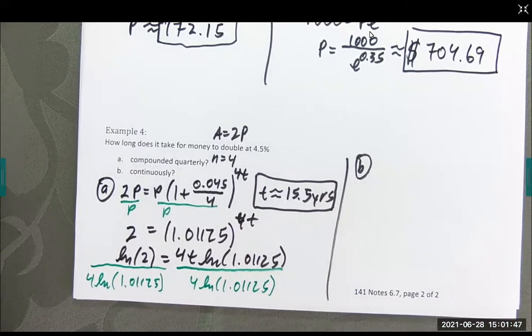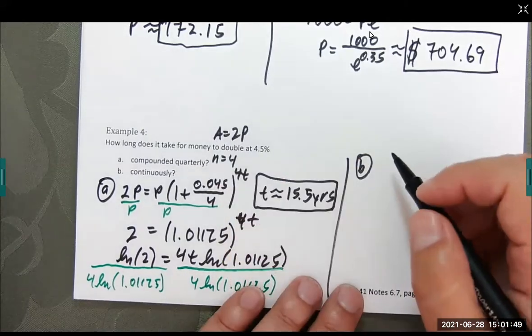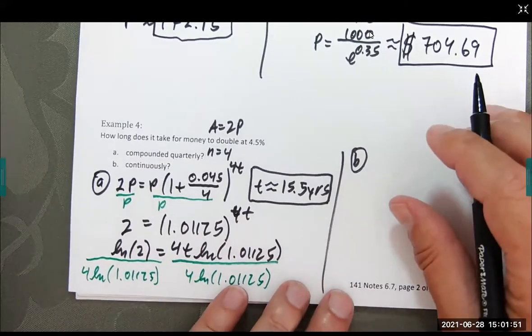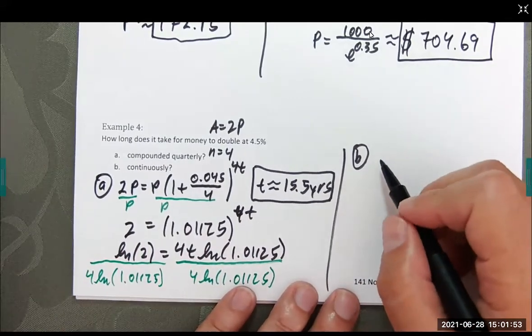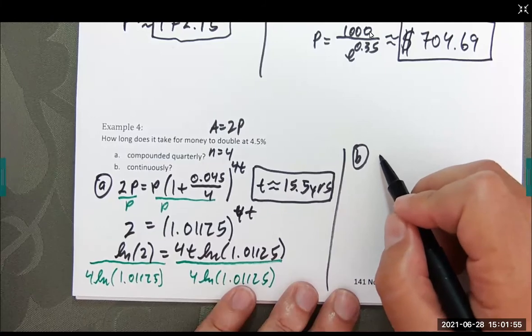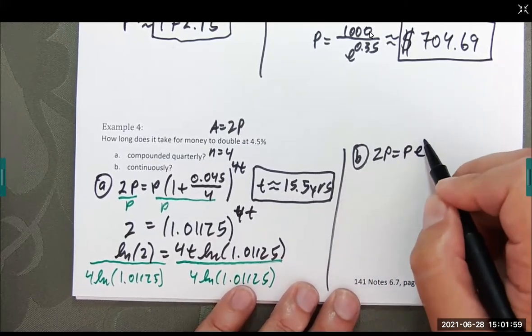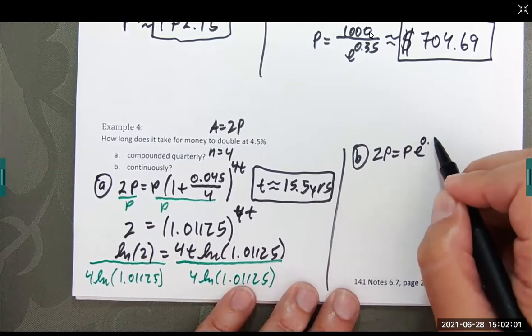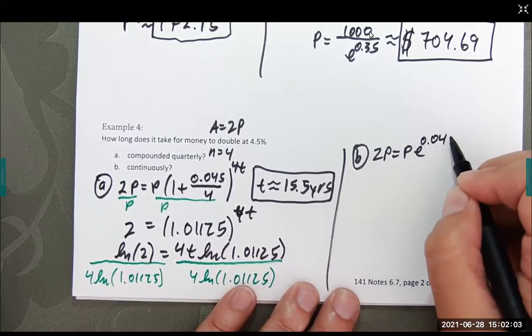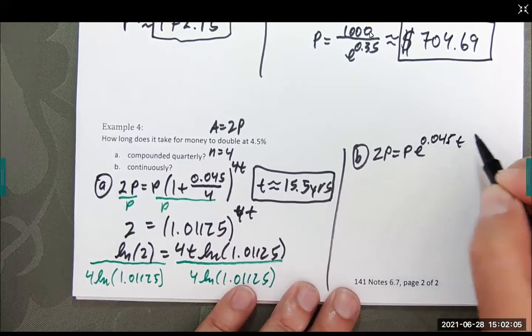All right. Now, once again, because it's continuous, I'm using the Pert formula. So A is 2P again, P e to the 0.045t.